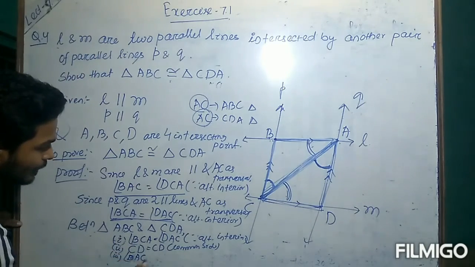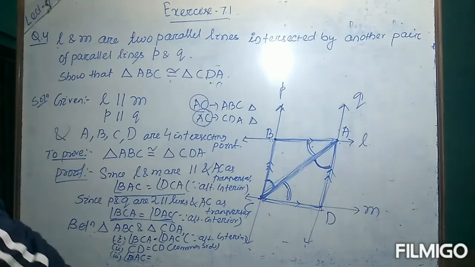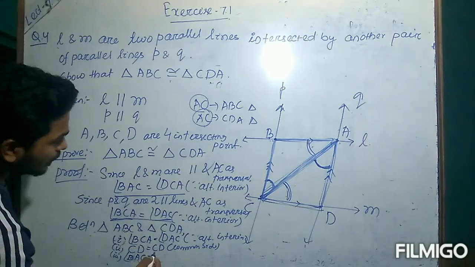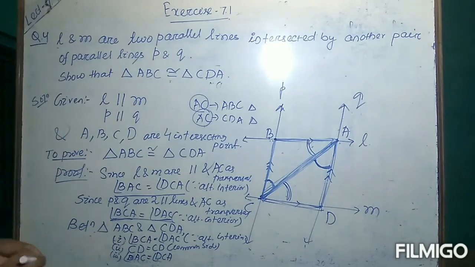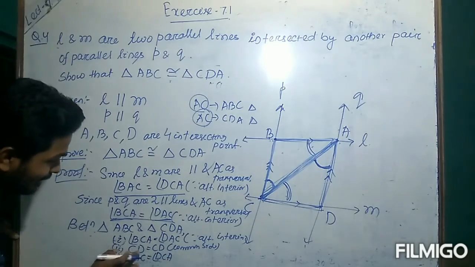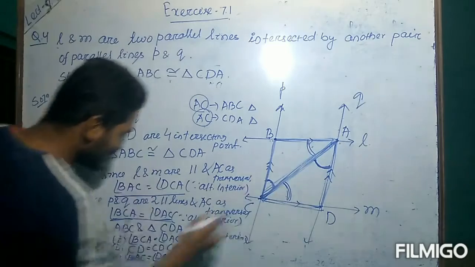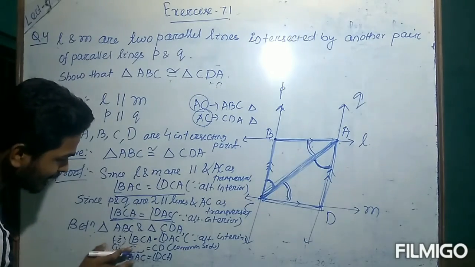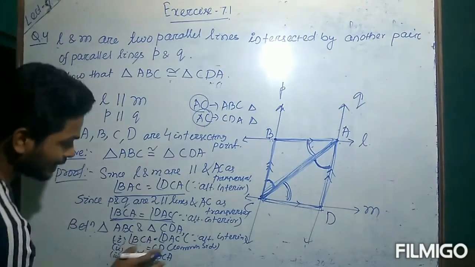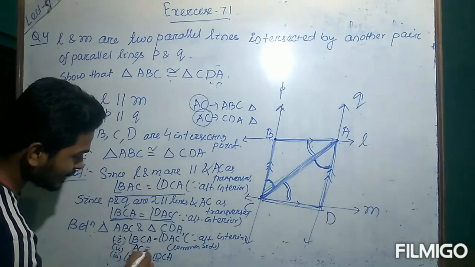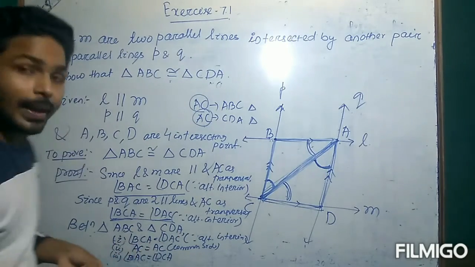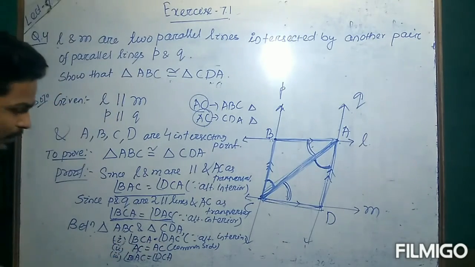Sorry, I have written wrong here. It is not CD, extremely sorry. It is AC. AC is equal to AC. Okay, now it is also proved.